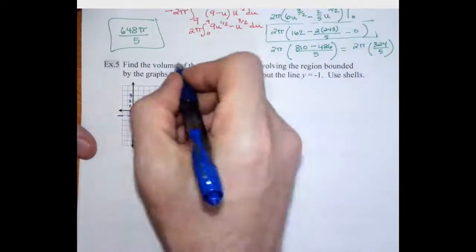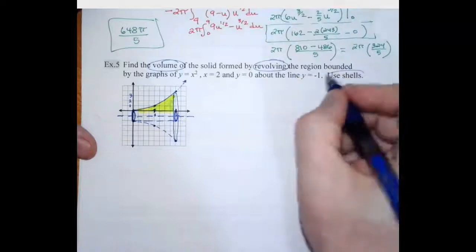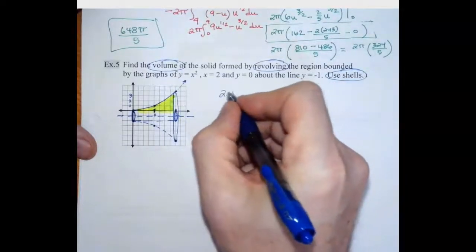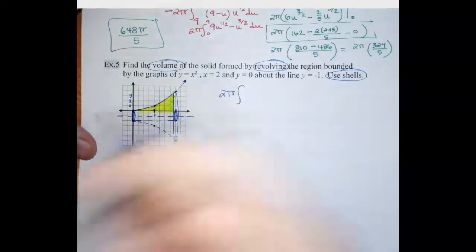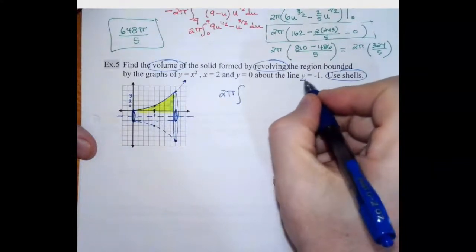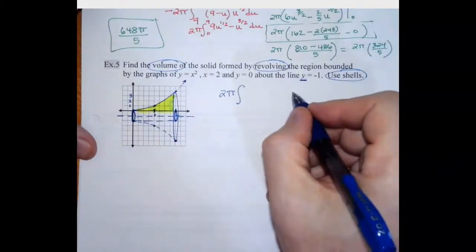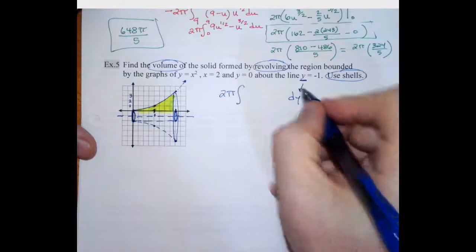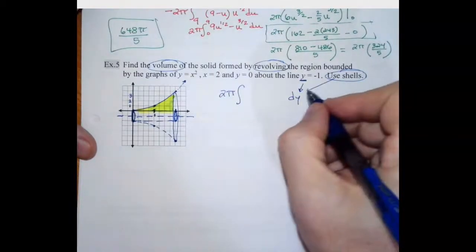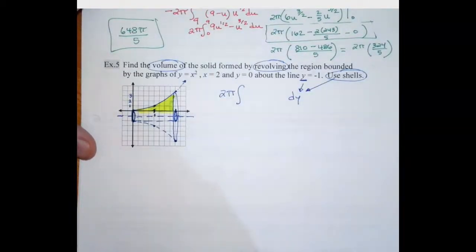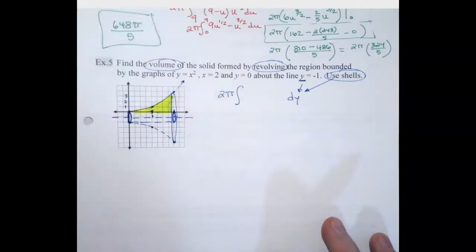So volume revolving shells, I already know it's 2 pi integral, and then I'm going around the line y equals -1, so it's going to be dy. Shells are the same. Interesting.